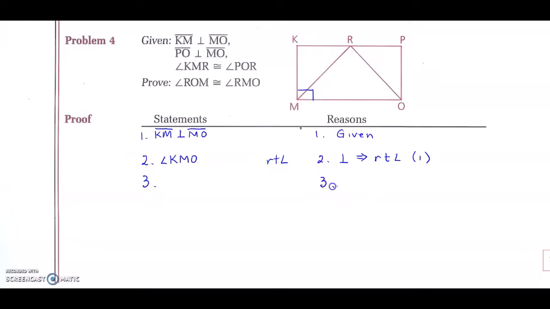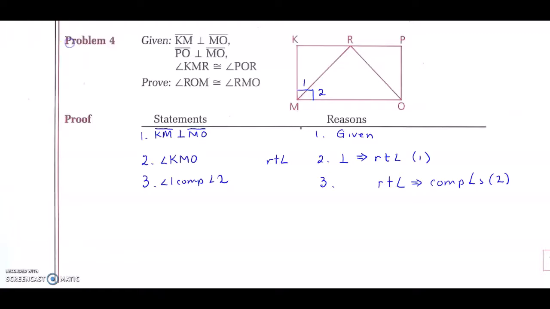And then, if two angles form a right angle, then they are complementary angles. So angle 1 is complementary to angle 2.